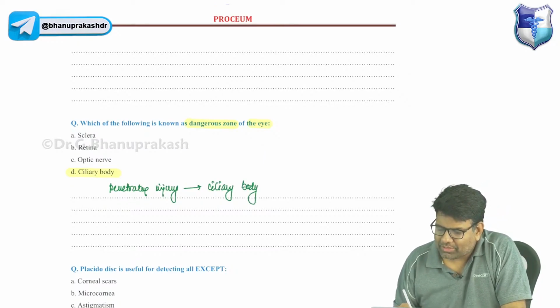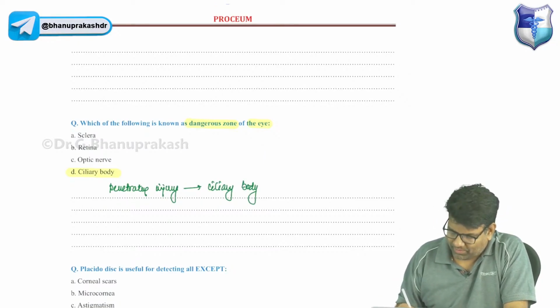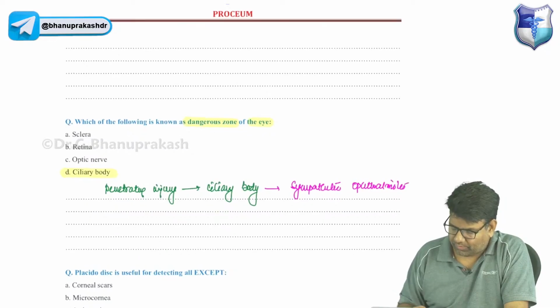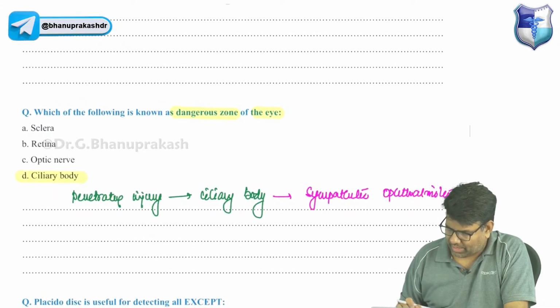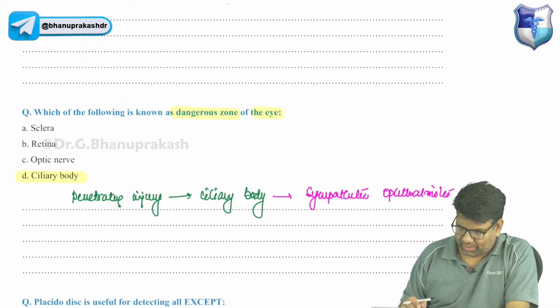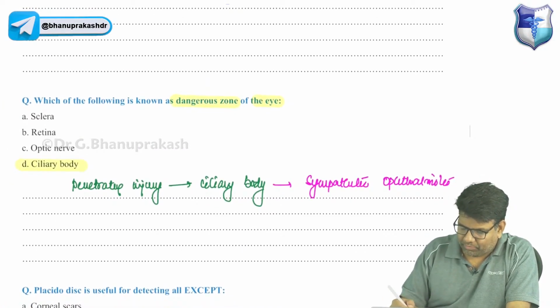Very good, Raghu, very good. This can result in sympathetic ophthalmitis. Okay, so that's why this is known as the dangerous area of the eye.